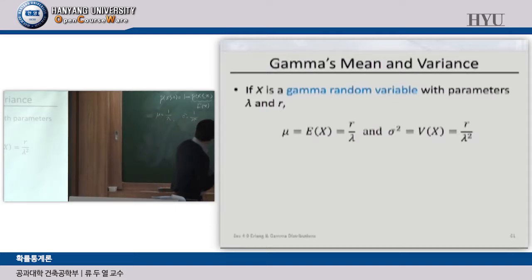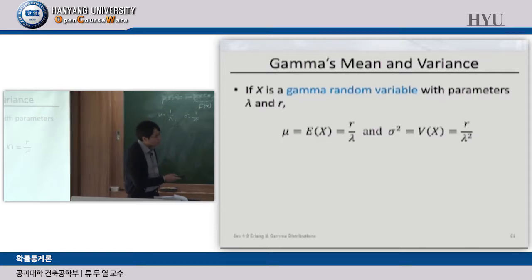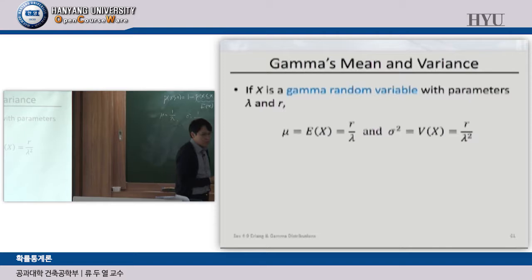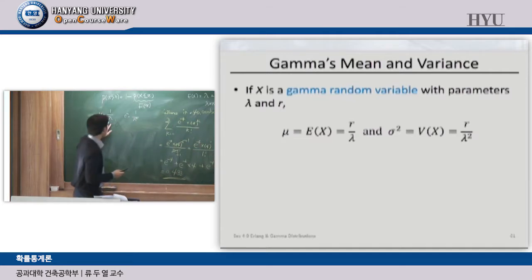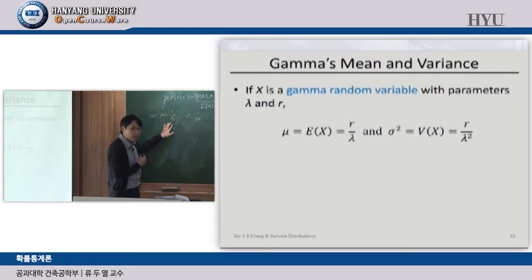But in the case of the exponential distribution, we have to find out the interval until the first success is generated, right? But in this case, the Erlang distribution, we have to find out the interval until the rth success is generated, which means that this is repeated r times, right? Okay, simply.